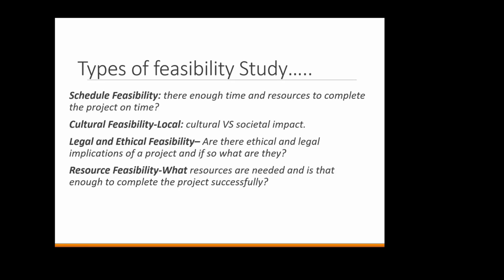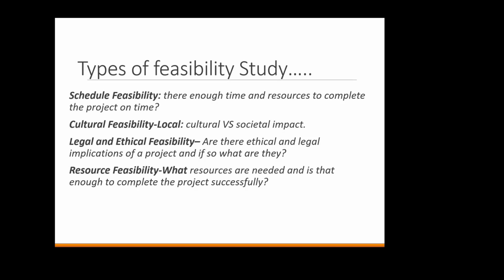Those were the three main types. Now we are moving towards different types of very short feasibility terminology, such as schedule feasibility. Schedule means whether they have enough time and resources to complete the project, and then we should see how much cultural or societal impact they can consider.